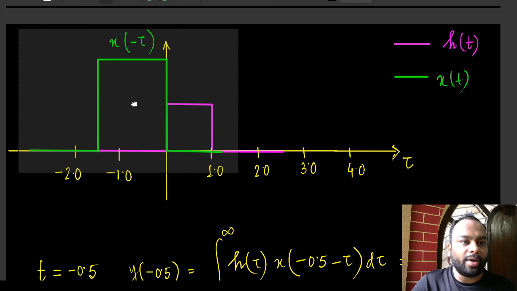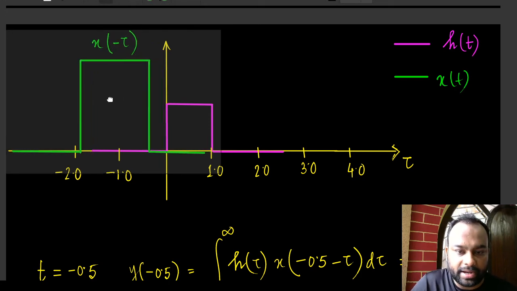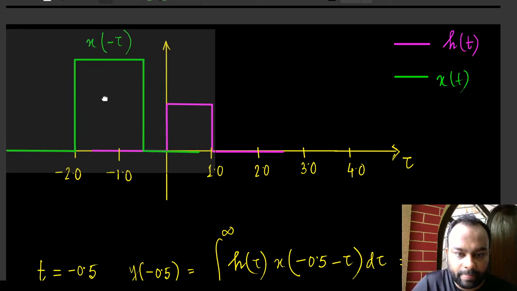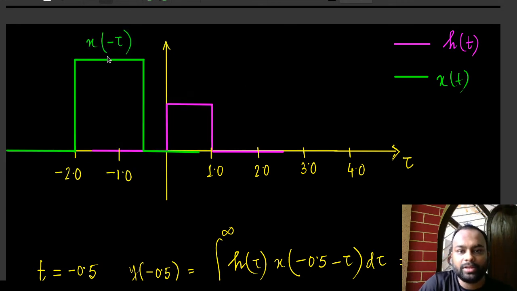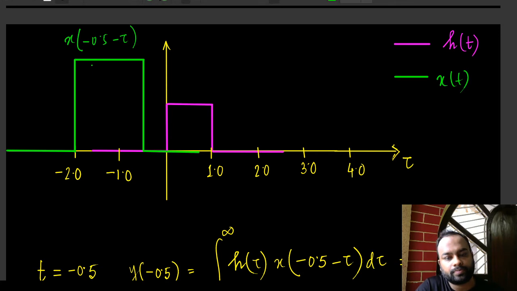So now I want to do a left shift by half unit in time, right? So now instead of having x of minus tau, I now have x of minus 0.5 minus tau, right?